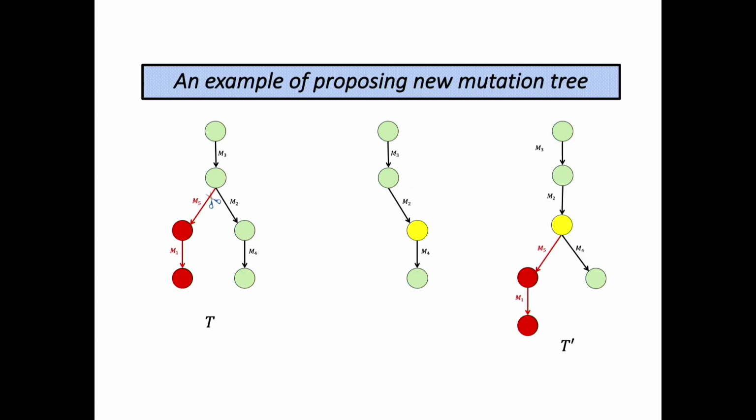So the tree topology is altered pretty easily. The space is traversed by single edge alterations. If you can imagine, given a fixed number of nodes in the tree, you're trying to move subtrees from one point to another for traversing the entire tree space.